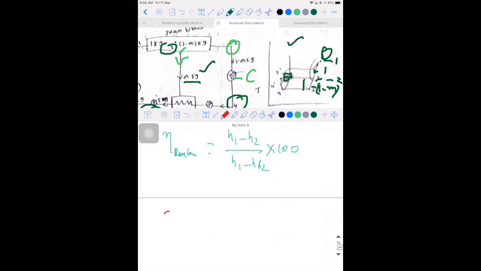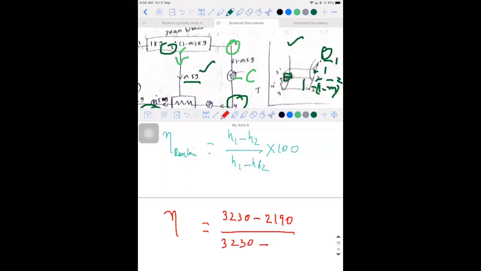Eta Rankine, not regeneration, sir, Rankine cycle is equal to, what is the H1? Yes, sir. You have got the value. H1 is 3230 minus 2190 divided by H1, 3230 minus HF2, meaning P2. P2 is equal to 0.1. What is P2, sir? 0.1 bar in this second case.